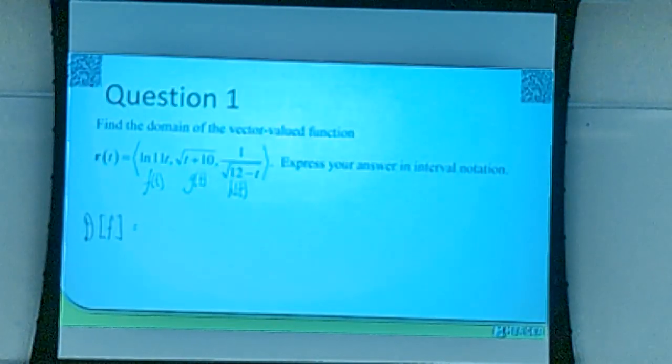So let's just look at the general natural log function. Natural log of x, what's its domain? Open or closed? Open.